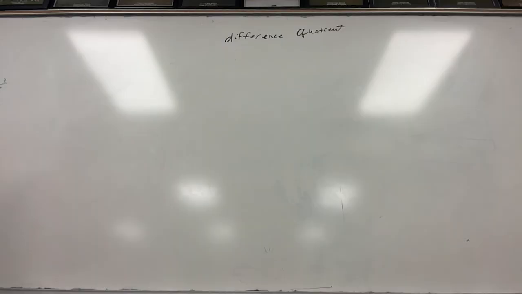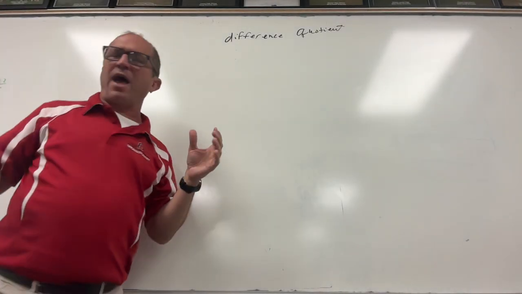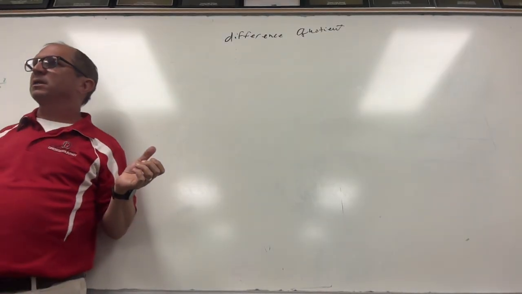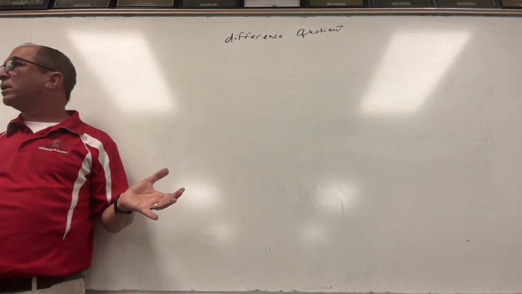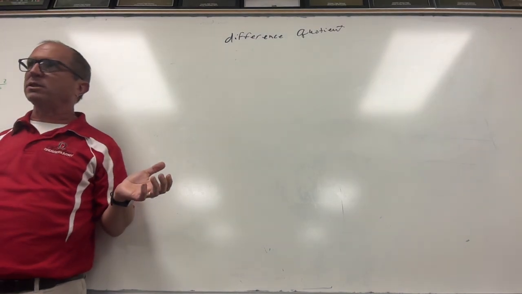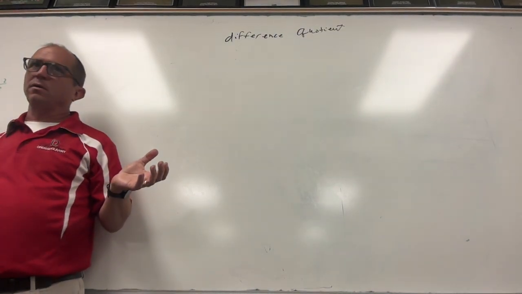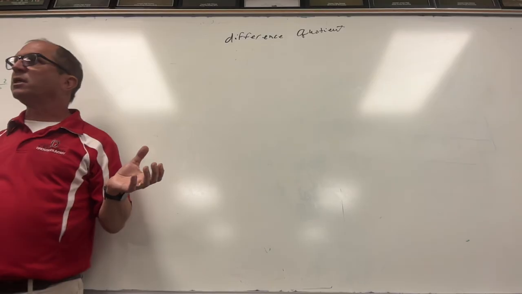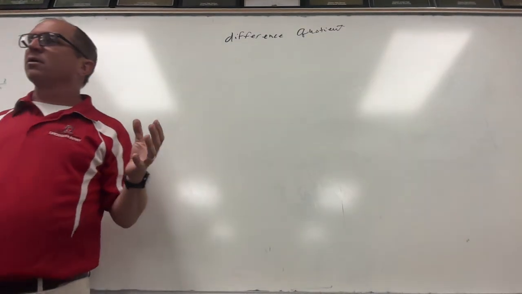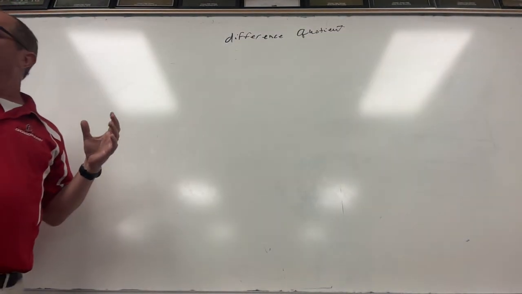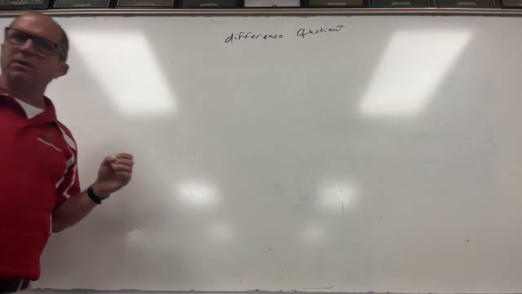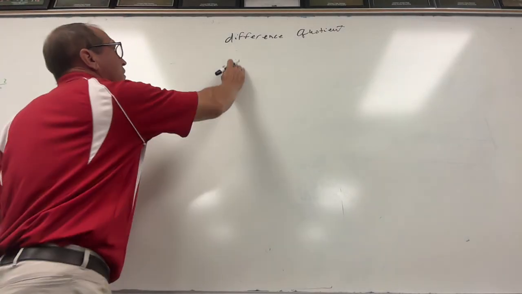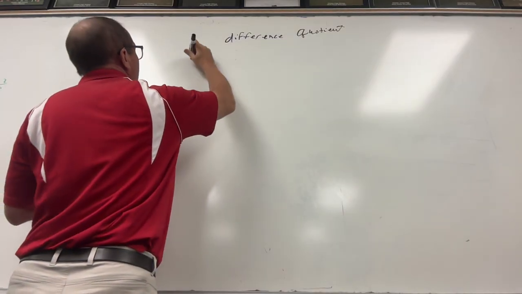But for right now, we need to be able to do the algebra behind it, because if any of you are planning on doing engineering or anything like that, you'll be needing calculus later on. And when you do take calculus, you're going to see this pop up, and your professor is going to assume that you already know how to do it. So it's a good lesson to have in here.